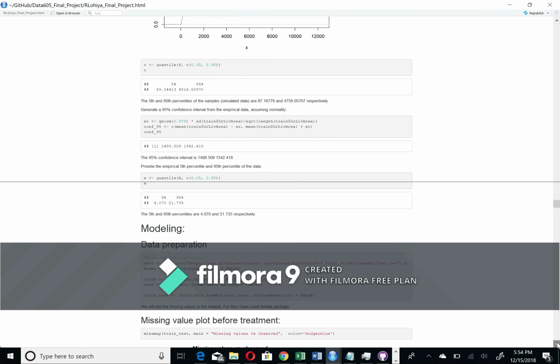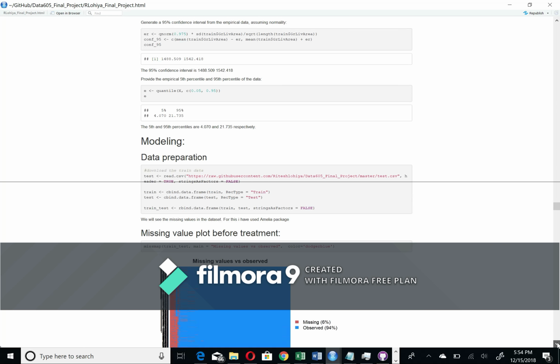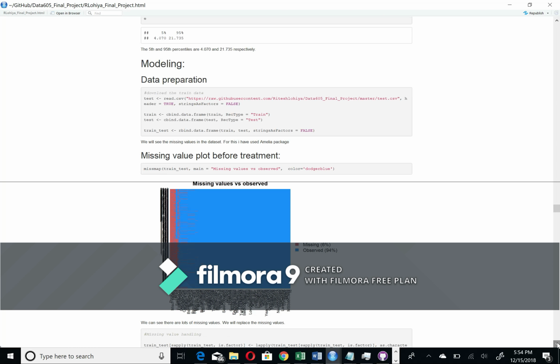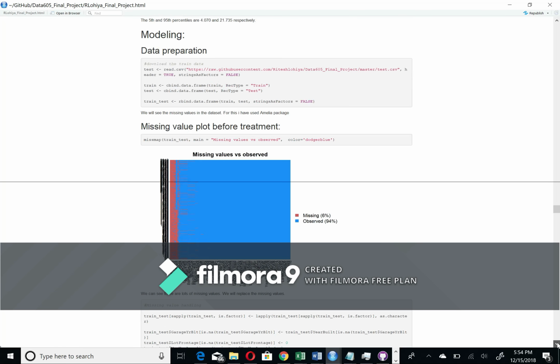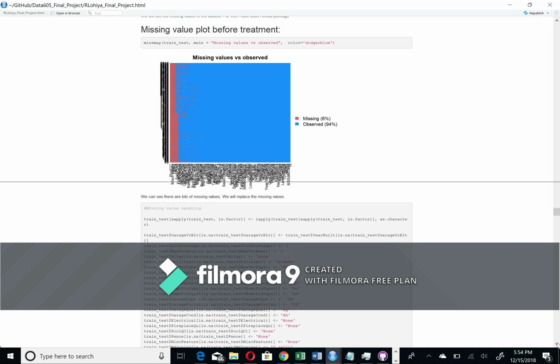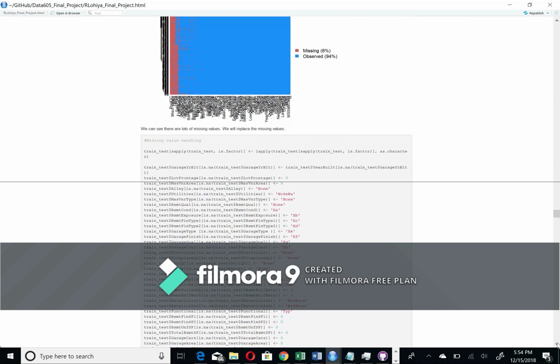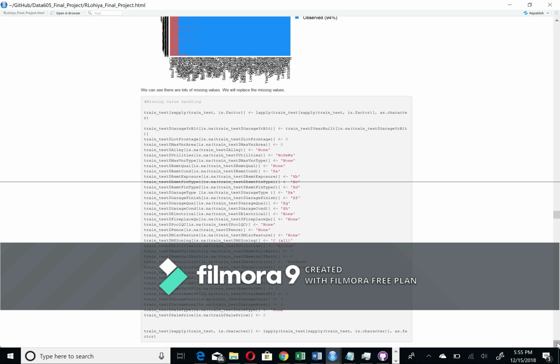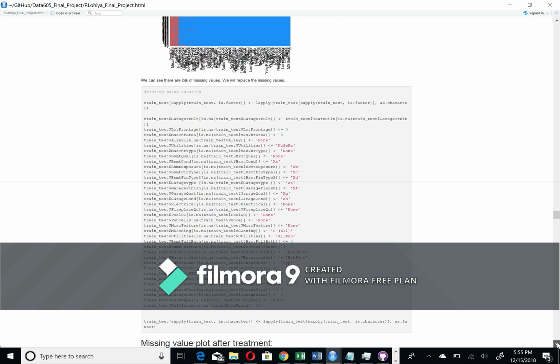For the modeling part, I started with data preparation. Before doing anything, I started with missing value treatment. I combined the training and test data and checked which missing values we have, and did some transformation for the missing values.